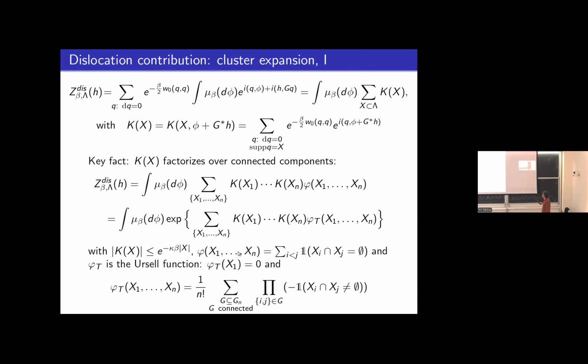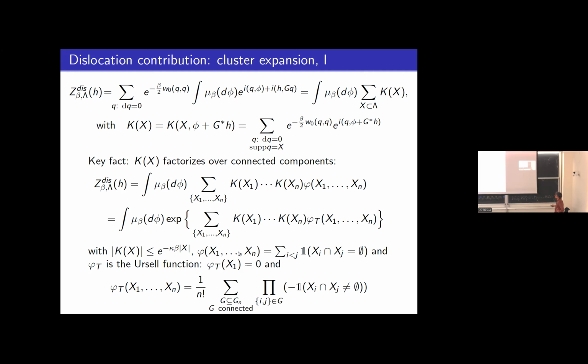I know I'm always using the same symbols, but whatever. This is a function that enforces the fact that the supports of the maximally connected components are in fact disjoint among each other.